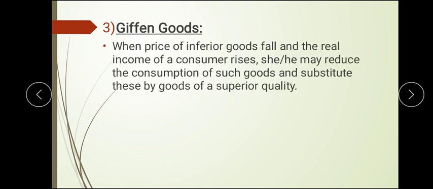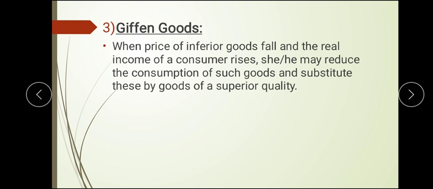Then after that you find Giffen goods. Giffen goods are also known as inferior goods. Why? When the price of an inferior good falls, the real income of the consumer rises. Suppose a worker is working at a construction site. There are many workers working on daily wages, and they try to consume inferior quality goods.